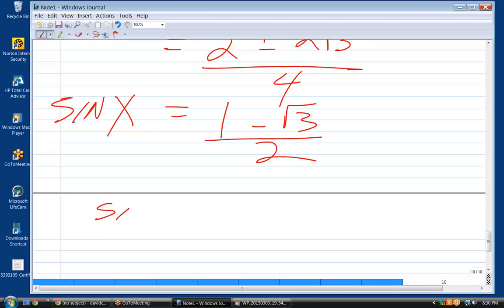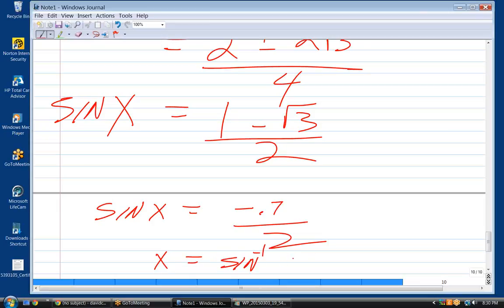So now we got sine of x equals, well, 1 minus 1.7 is minus 0.7 divided by 2. X is the inverse sine of that.